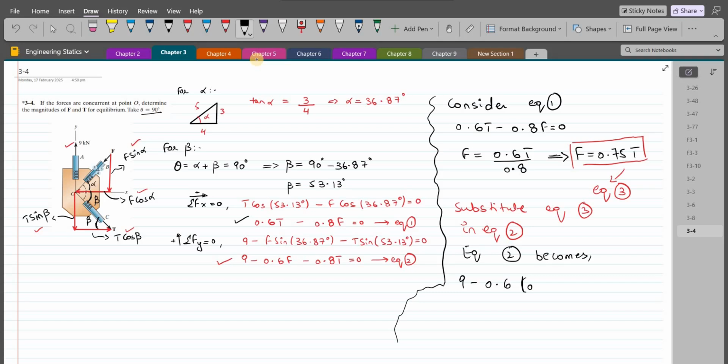So we have 9 minus 0.6 times 0.75 T minus 0.8 T equals 0. So we have 9 minus 0.45 T minus 0.8 T equals 0. So upon further simplification, T comes out to be 7.2 kilonewtons. So this is our first answer.